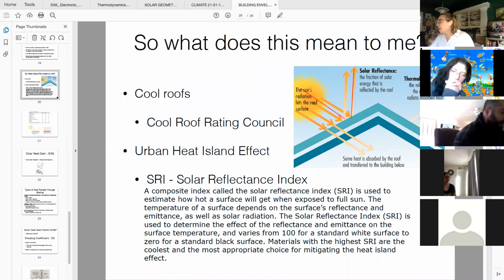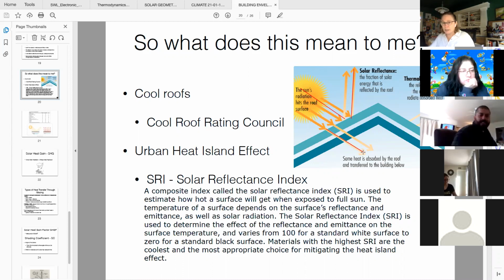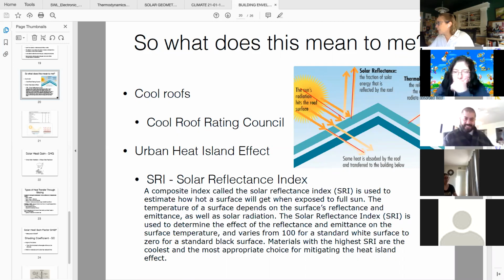Some will be absorbed and through conductance will come into the interior of the building. But within that material, some of that energy will also be emitted back out to the atmosphere.